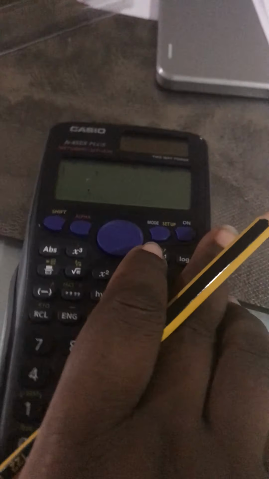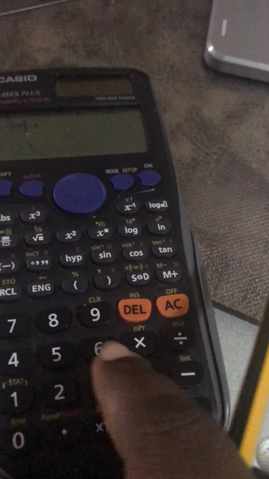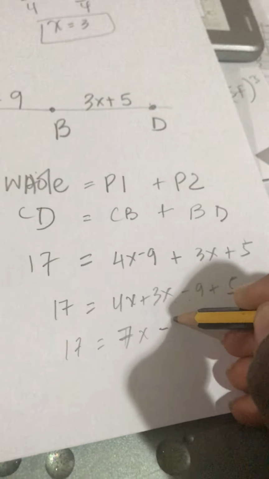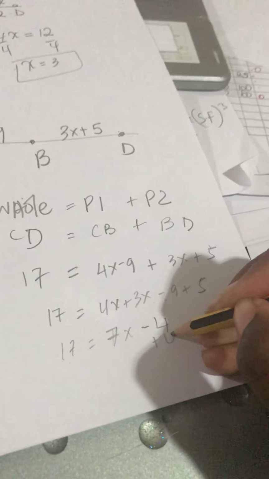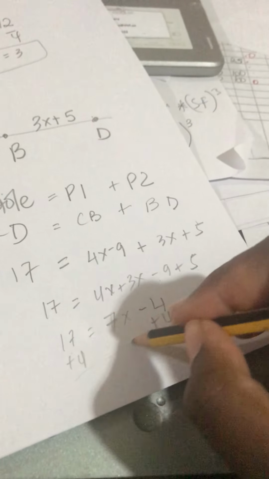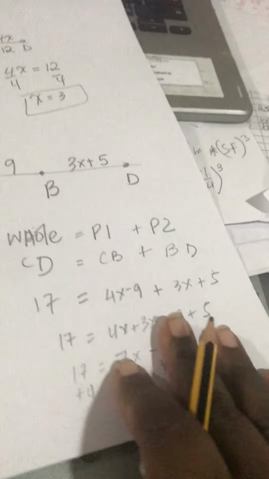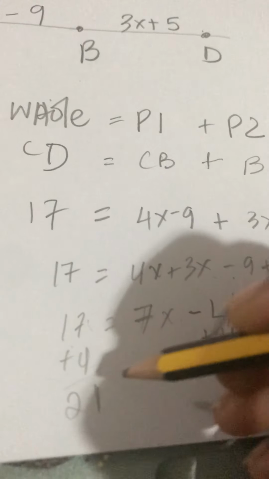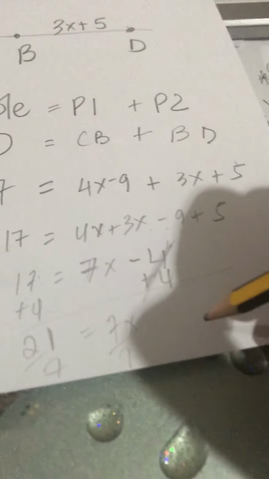Negative 9 plus 5 should be negative 4. So 7x minus 4. Who are friends? 17 and negative 4 are friends. I add 4 on both sides. This goes away because the additive inverse gives me 0. So 17 plus 4 is 21, equals 7x. Divide both sides by 7. x equals 3.